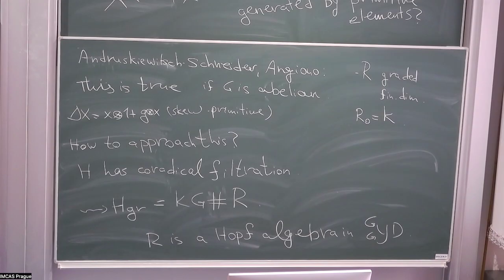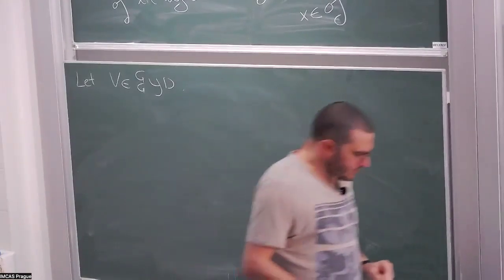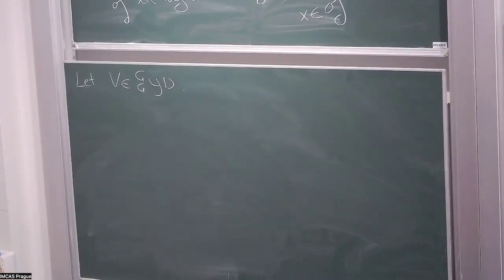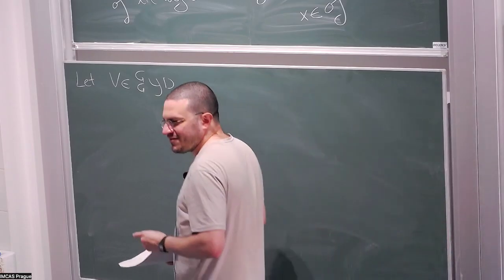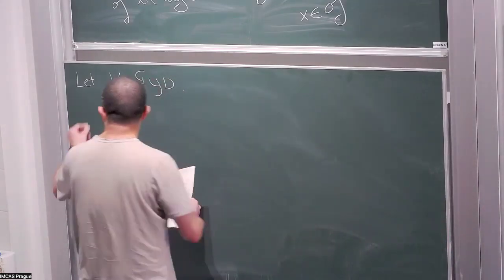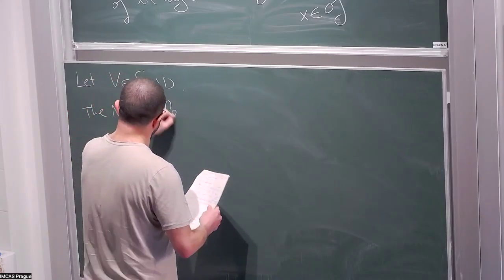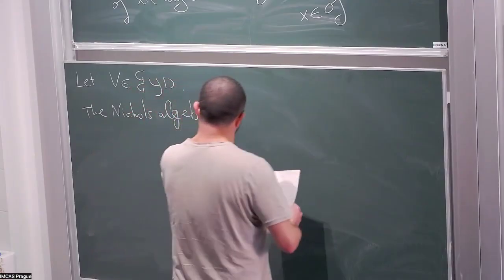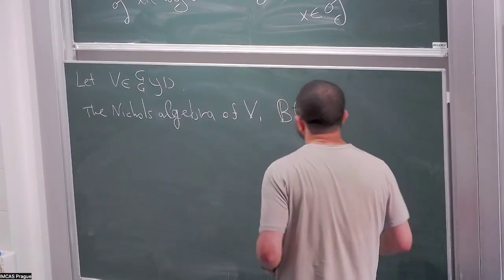Now, here's another way to look at it. Let's say that I have V inside the Yetter-Drinfeld module. As per the last talk, we can talk about the universal algebra that is generated by V and has V as the space of primitive elements: the Nichols algebra of V, which is B(V).